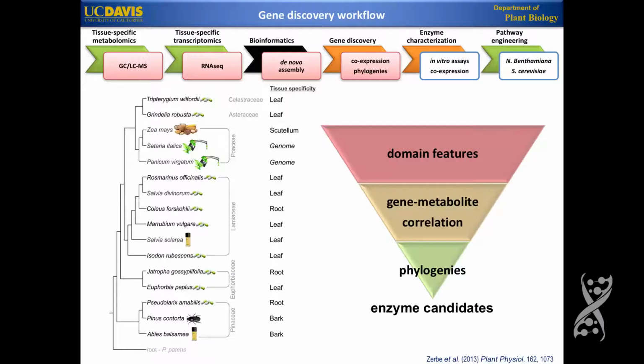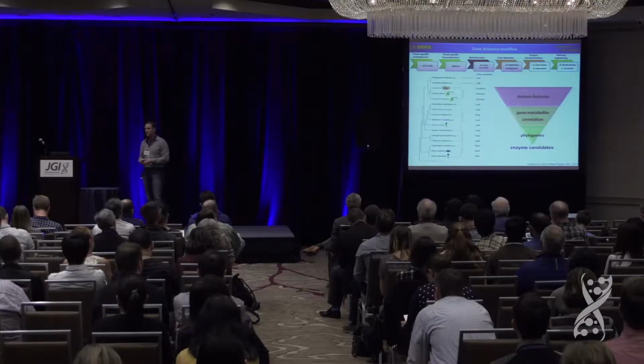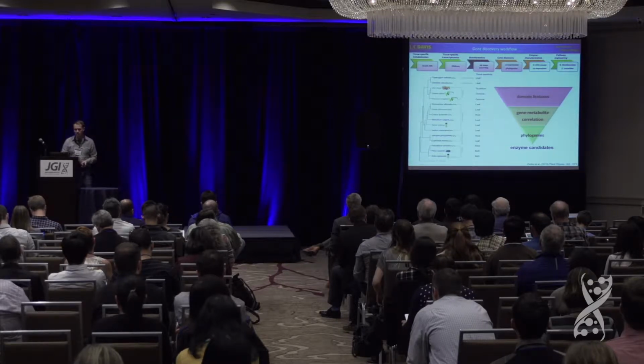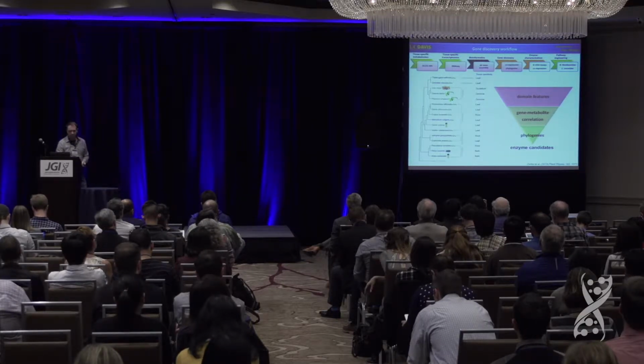And lastly, we do phylogenies, looking at what still is a somewhat limited number of known functions, to in the end efficiently get to our enzyme candidates for biochemical characterization. This allows us, from the stage of having a final transcriptome assembly, to get to our enzyme candidates within the day. And that was really helpful for a new and fairly small group to go through a number of species efficiently.